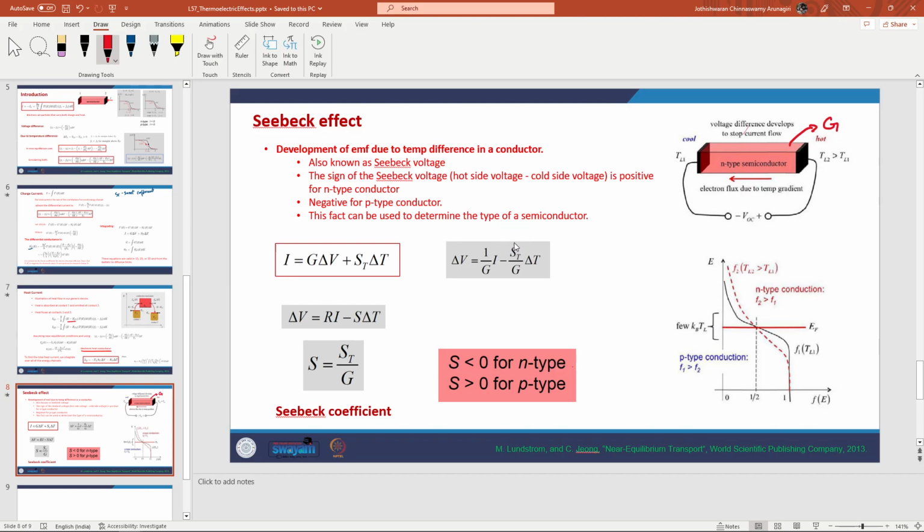So the actual change, this quantity, corresponds to the Seebeck effect.